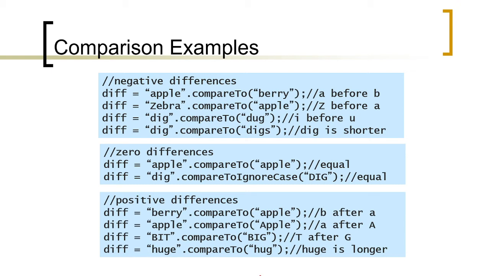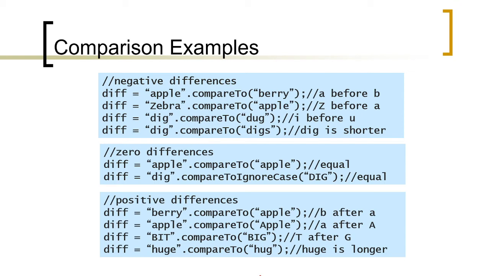So in the alphabet, A is before B. That means A has a lesser value than B. Okay, so it will start by comparing the first characters, A and B. A is lesser than B, so it will return a negative difference. We also have "Zebra".